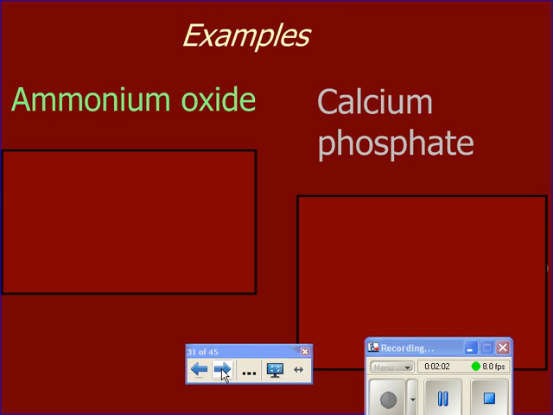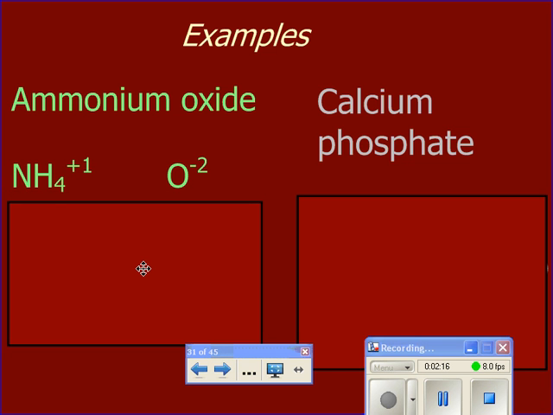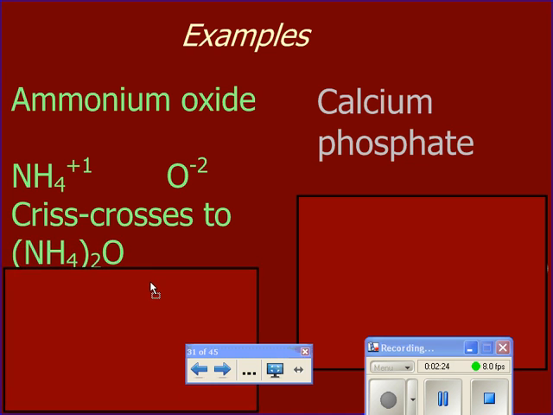Our first example will be ammonium oxide. Ammonium is on table E. Okay, if you look at your first part of the name and you don't recognize it from the periodic table, you should be looking at table E. Ammonium is NH4 with a +1 charge. Oxide is your regular oxygen with a -2. When you go to crisscross these, the 2 is coming down outside the ammonium.